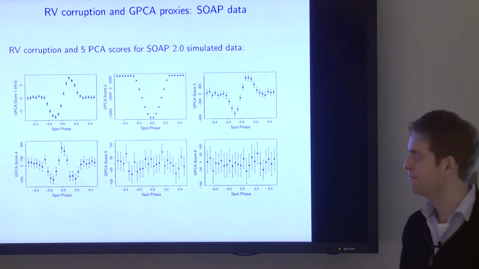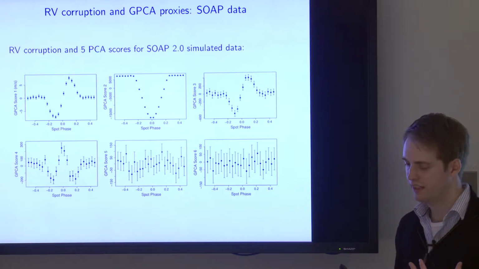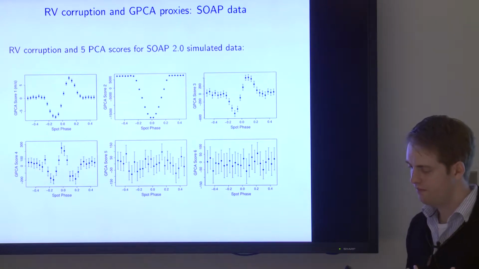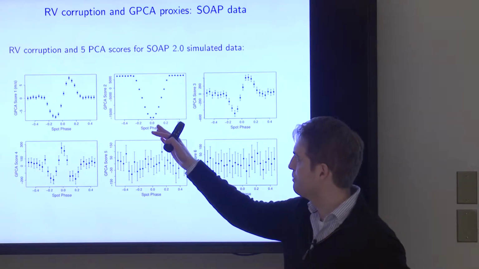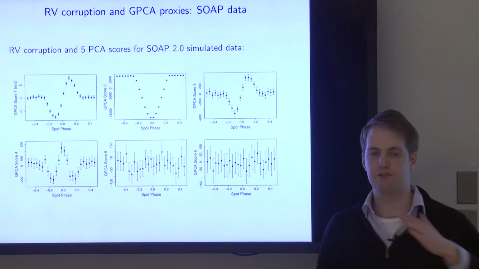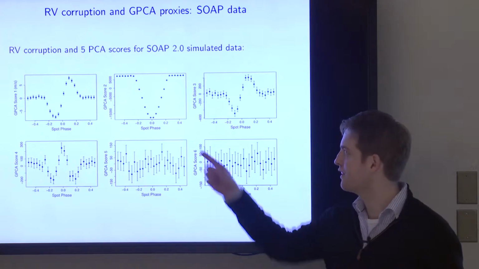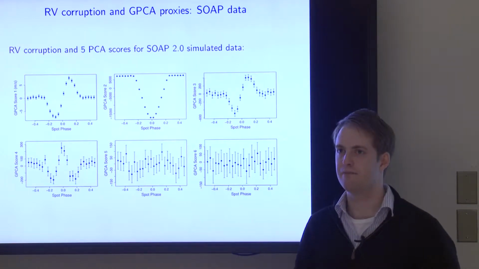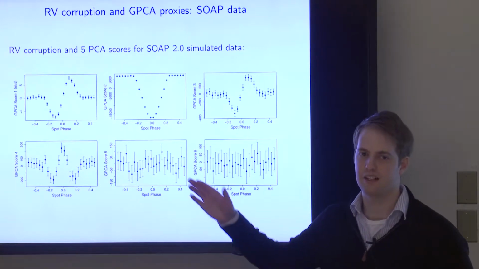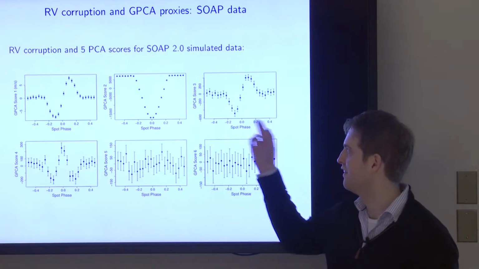But the point is that what PCA does is it finds the directions of maximum variation in the data, and so this tells us the maximum information that we can extract in a single direction, and then another direction.